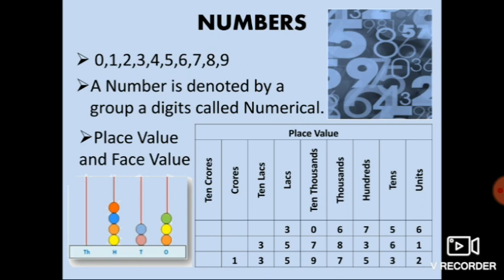For aptitude and competitive exams, the syllabus is limited. First of all, the units place. We can call it either units or ones, O-N-E-S, ones. Please check the third row.